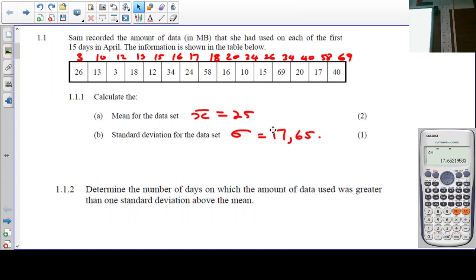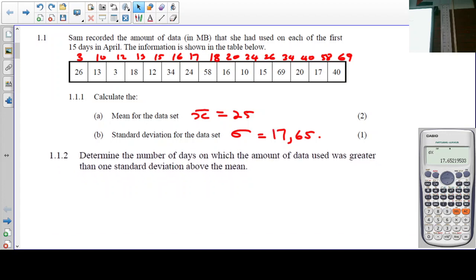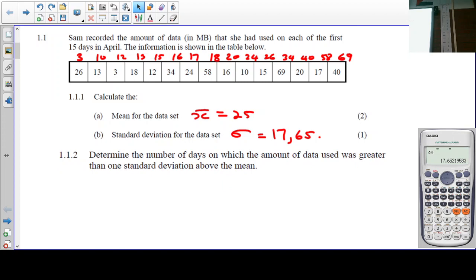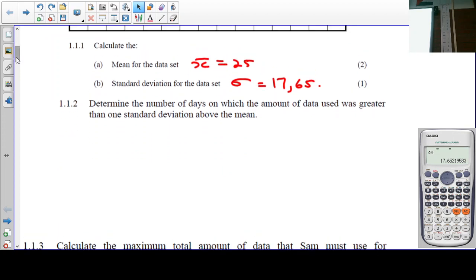So the next question, in number 1.1.2, says determine the number of days on which the amount of data used was greater than one standard deviation of the mean.